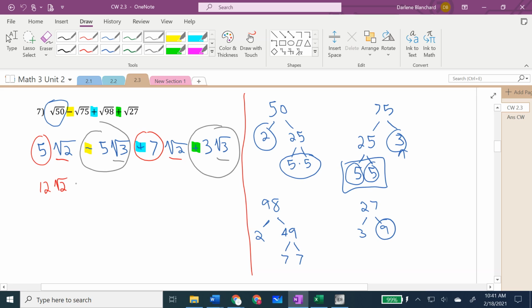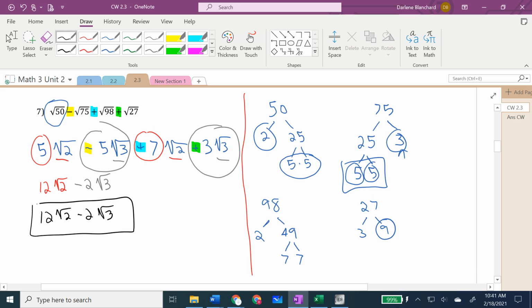Negative 5 plus 3 is negative 2, so I have negative 2 root 3's. And that is then the final answer. I'll write it in one color. And you cannot add or subtract those two root expressions because they do not have the same number under their square root.